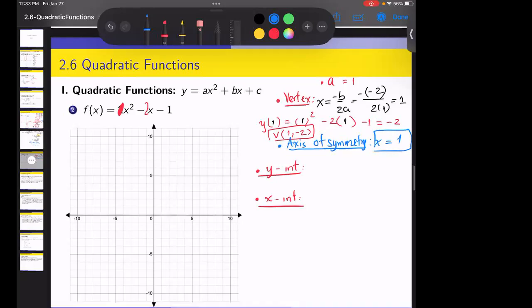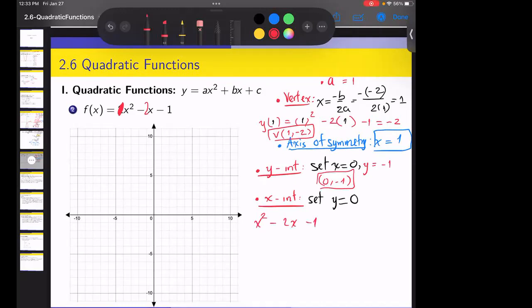For the y-intercept, you set x equals 0. So y equals -1, (0, -1) is your y-intercept. And for the x-intercept, you set y equals 0, so x squared minus 2x minus 1 equals 0.